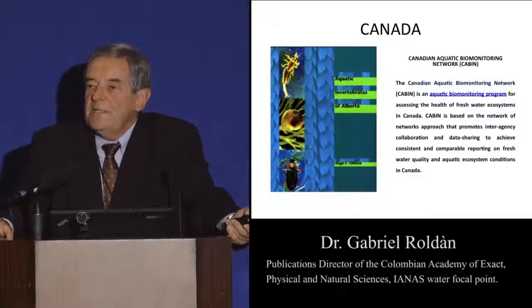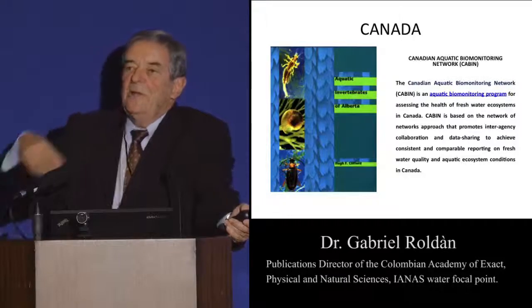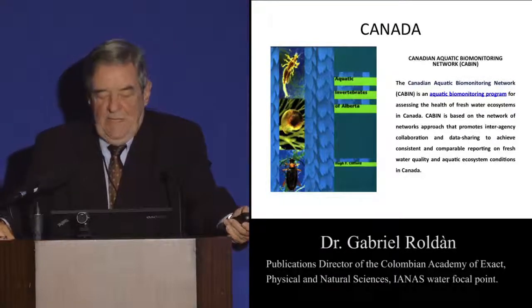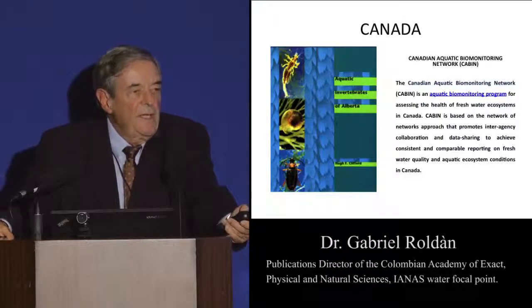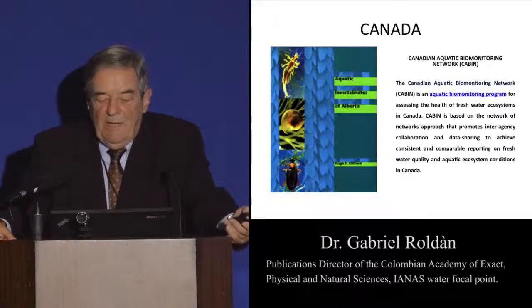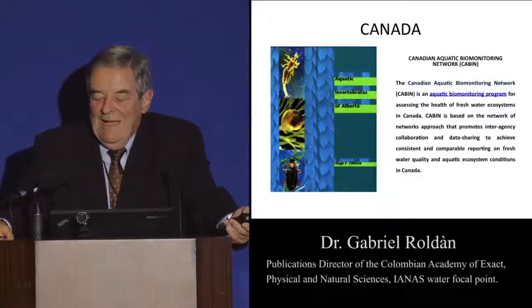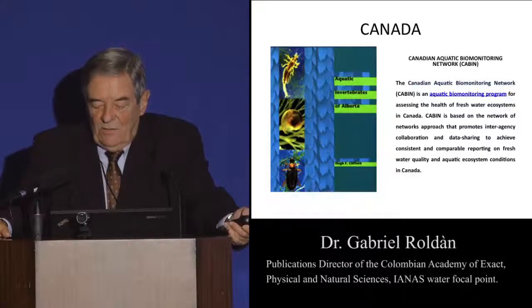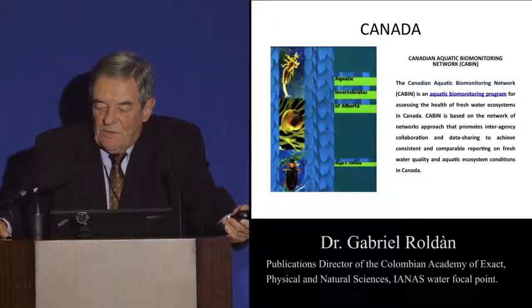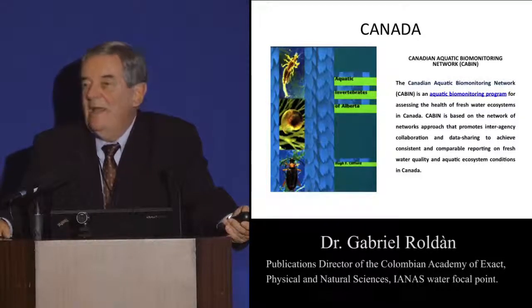So this is what started in Colombia, but I am going to give you very rapid information about what is going on in other countries. For example, in Canada, I found the Canadian Aquatic Biomonitoring Network. It was very interesting to me. It is an aquatic biomonitoring program for assessing the health of freshwater ecosystems in Canada.